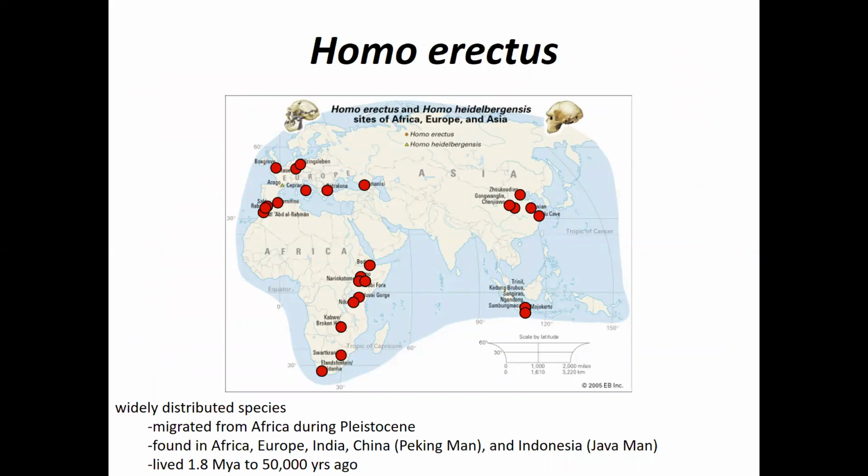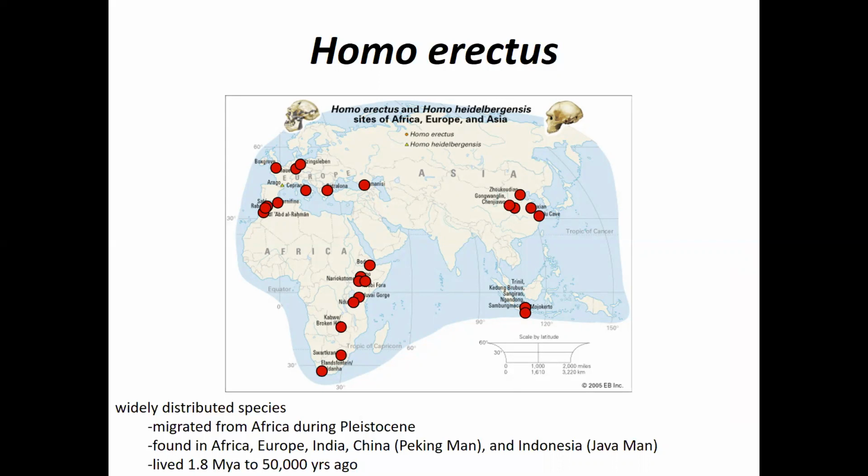So Homo erectus left Africa. We know because we find their fossils not only in Africa, but in Europe, Asia, and in Oceania, down in Indonesia. They migrated from Africa during the Pleistocene Ice Age, when sea levels were much lower. And they lived from 1.8 million years ago to 50,000 years ago.